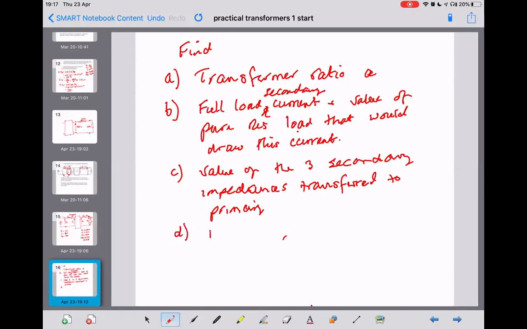D, primary current for fully loaded transformer.